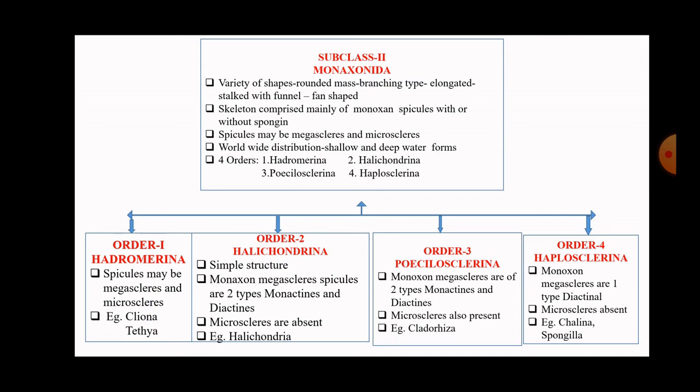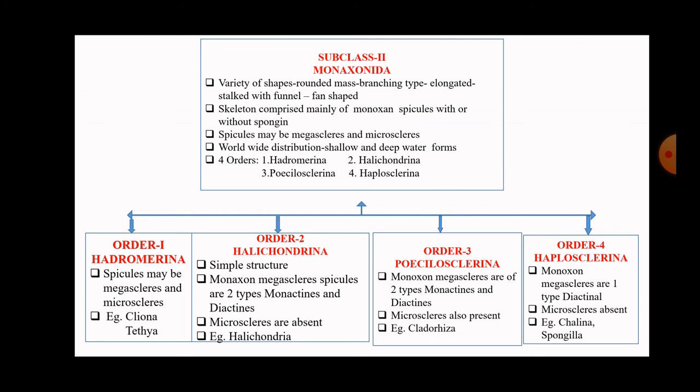Monaxon megascleres are of two types, monactines and diactines, present in these animals. Microscleres are absent. Example: Halichondria and Axinella. In the order Poecilosclerina, monaxon megascleres are of two types, monactines and diactines, and microscleres are also present.